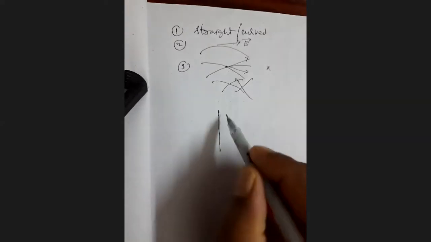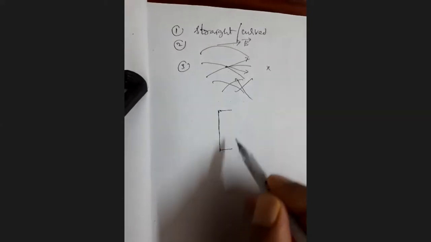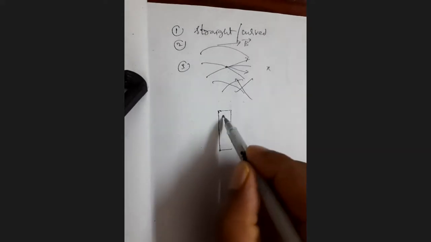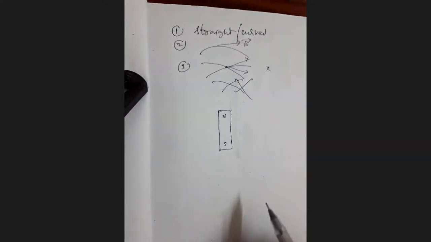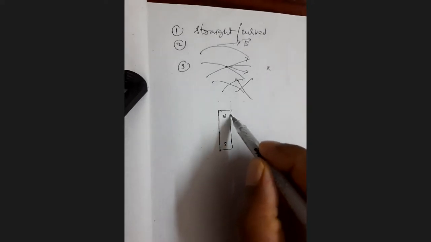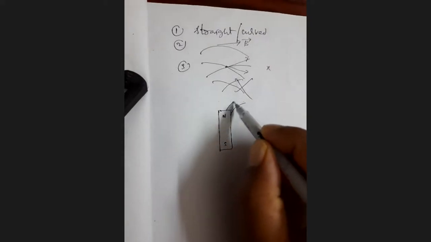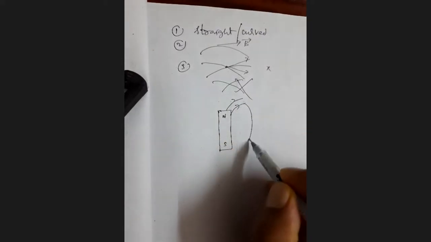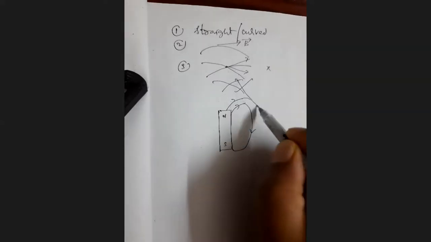For example, if you take a bar magnet with a north pole and a south pole, the magnetic lines due to the bar magnet move from north to south outside the magnet.